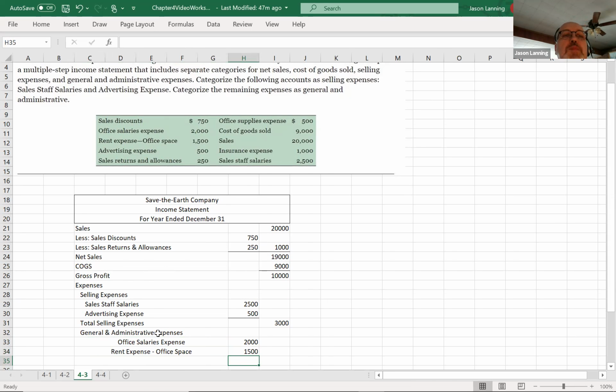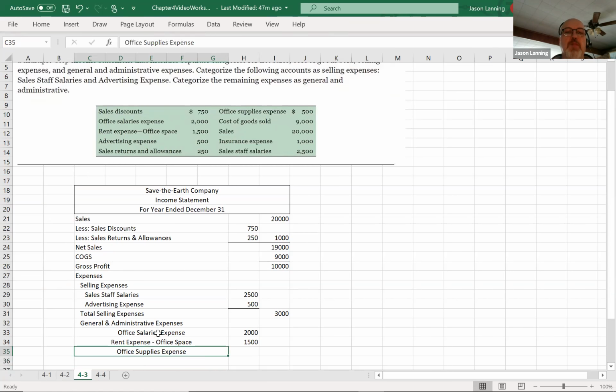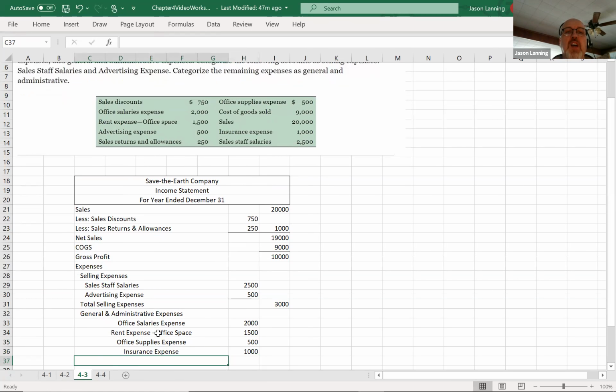Office supplies expense is not listed as a selling expense, and we can think of anything in the office as probably not affiliated with what we do in selling. Is insurance expense? Yeah, they said the rest of them were in, so we'll put insurance expense. That was $1,000. Office rent, office insurance. Is there anything else?